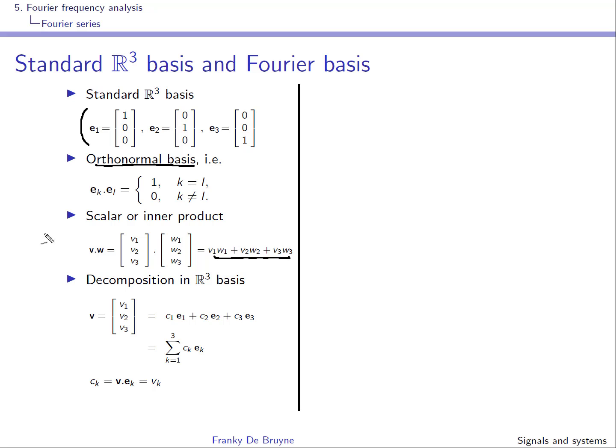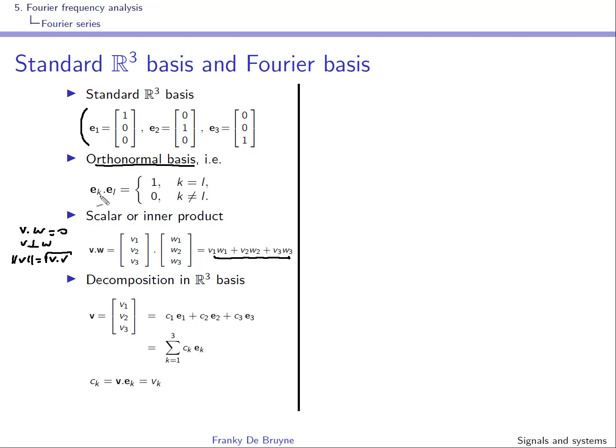The scalar product of V and W is given over here, right? And you know that if V scalar product with W is equal to 0, then V is perpendicular to W, and you know also that the length of V is the scalar product of V with itself, and then you take the square root. This is how you see that the basis here is orthonormal.